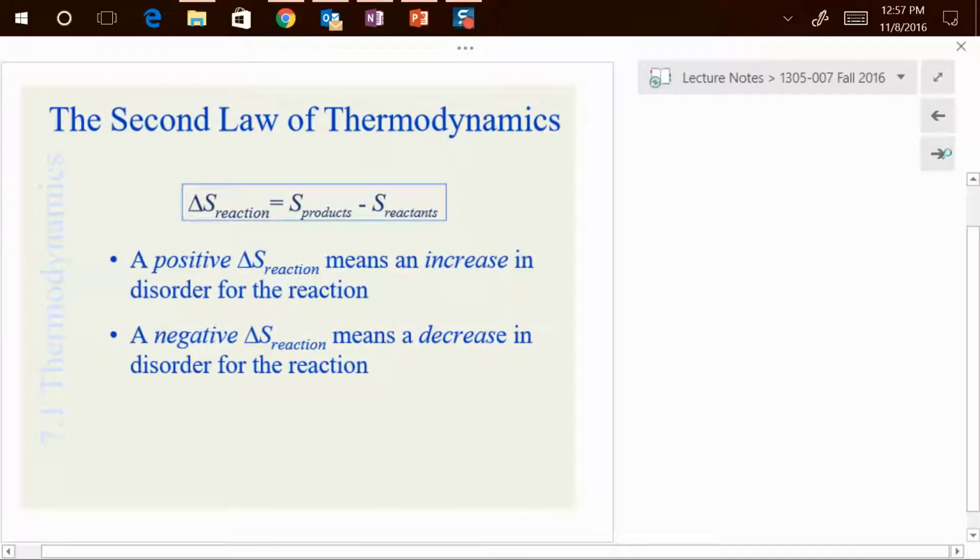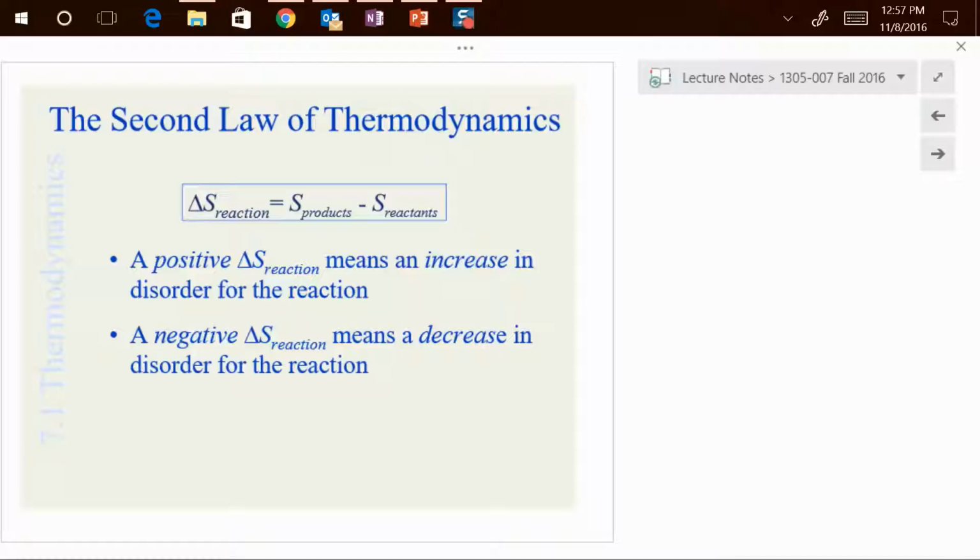So the entropy change can also be determined by simply taking the entropy of the products minus the entropy of the reactants. Okay? You don't have to calculate that, but that's how it's determined. So a positive delta S, what does that mean? If the entropy is increasing, what does that mean about the disorder? Is it decreasing or increasing? An increase in entropy means what?